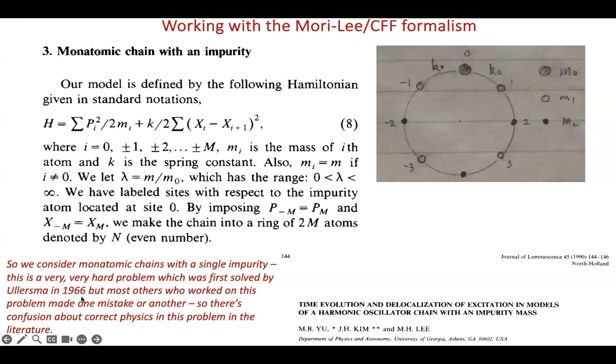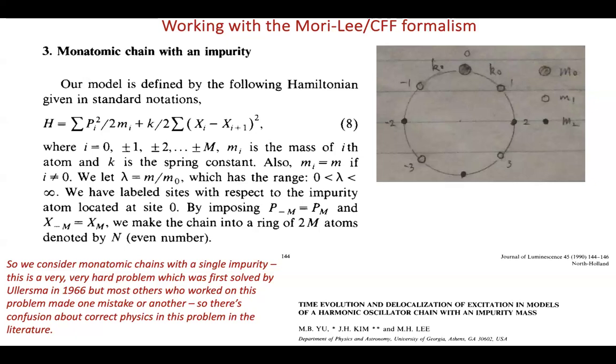In these 4 back-to-back papers, Ullersma studied the harmonic oscillator problem in all its glory. He studied the pristine monodispersed chain. He studied the diatomic chain. He studied the single impurity chain. He studied all of them.